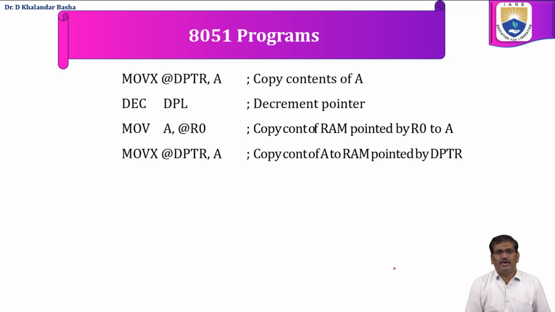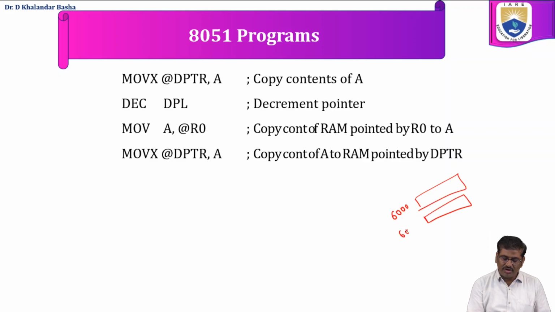Next, whatever the exchanged data is, we send to the external memory: MOVX @DPTR, A. So previously the 6000 location and 6001 location data is there, and now the lower 4 bits are copied.